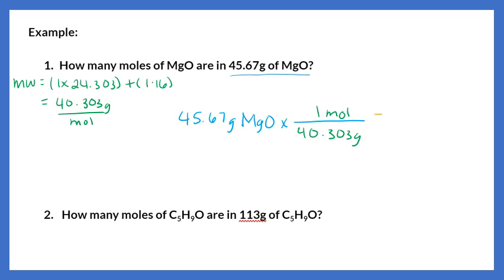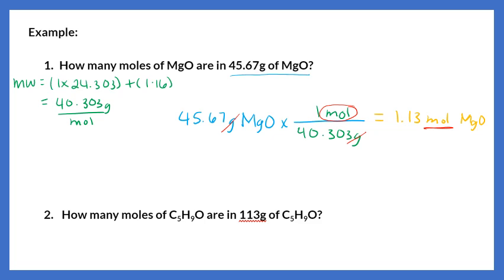And that is going to equal how many moles we have. So 45.67 divided by 40.303 tells me that I have 1.13 moles of MgO. And again, my grams on the bottom cancels my grams up top, leaving me with moles up top, so I'm going to end with moles.